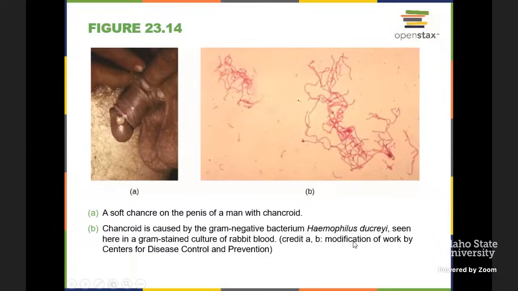So Haemophilus, as I said, these chancres are painful, all right? Haemophilus ducreyi is the bacterium. I'd like to say do cry because you're probably going to cry, right? These are gram-negative bacteria. You could see them all kind of look like sort of chained up, linked together.